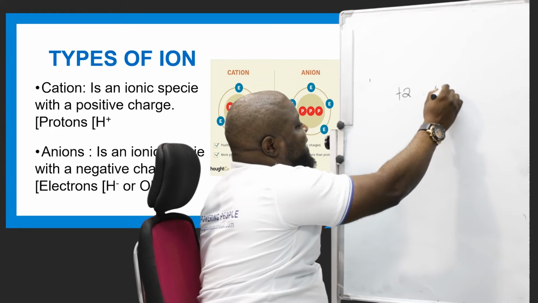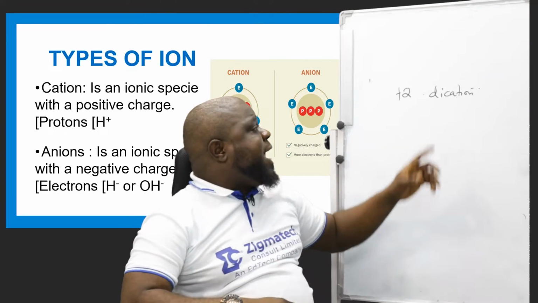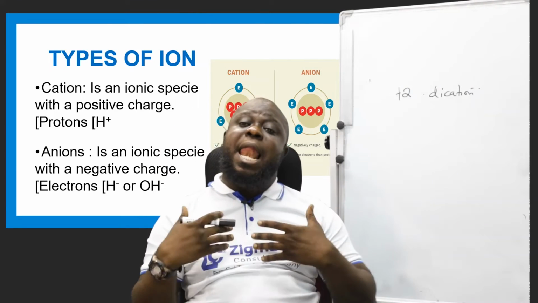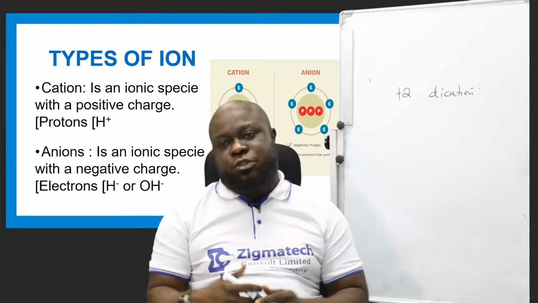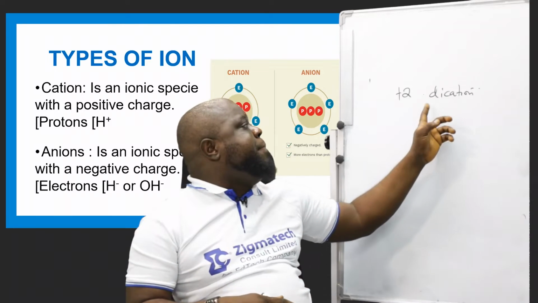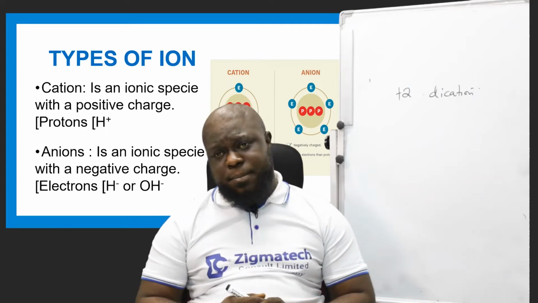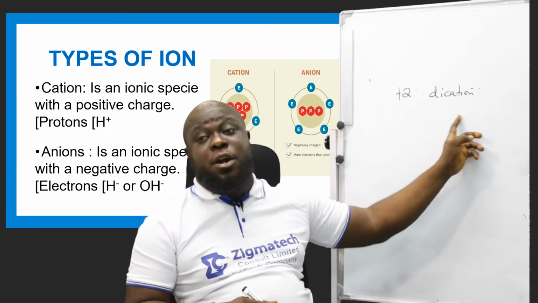In essence, a dication means two electrons have been lost. Two electrons have been lost, so it changes the balance between the electrons and the protons.